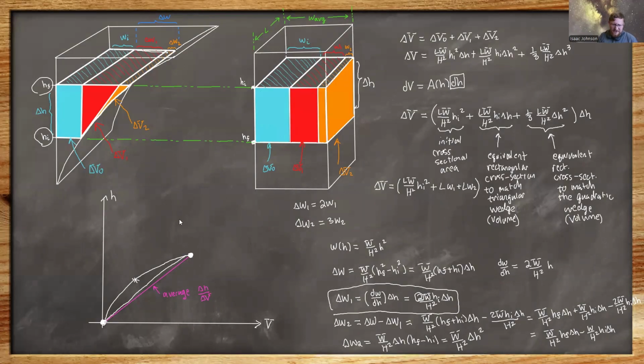Now, at this point, you might just say, well, I'm just going to use the volume function. You could just use the volume function. But another thing to point out is that a function is only as accurate as you are willing to sample it, right? Oftentimes we think about functions as smooth curves.